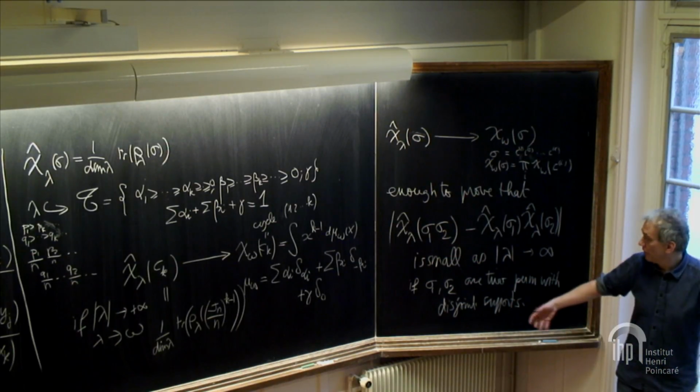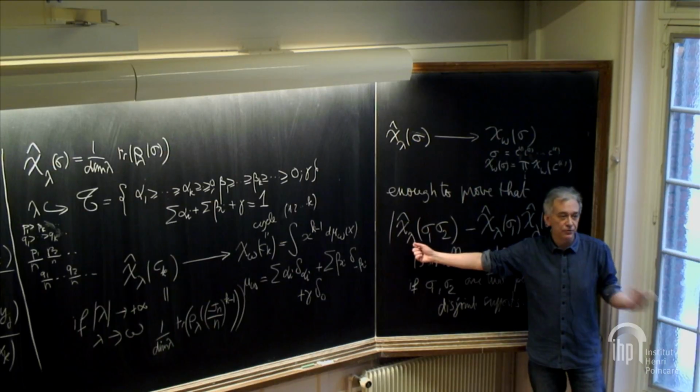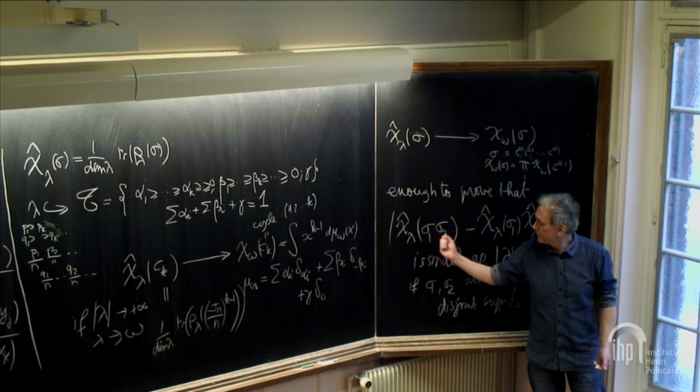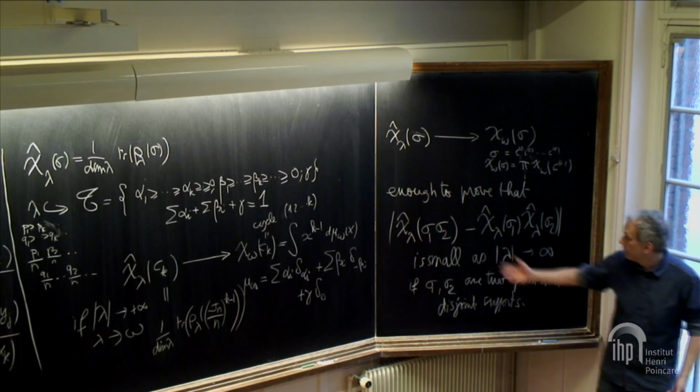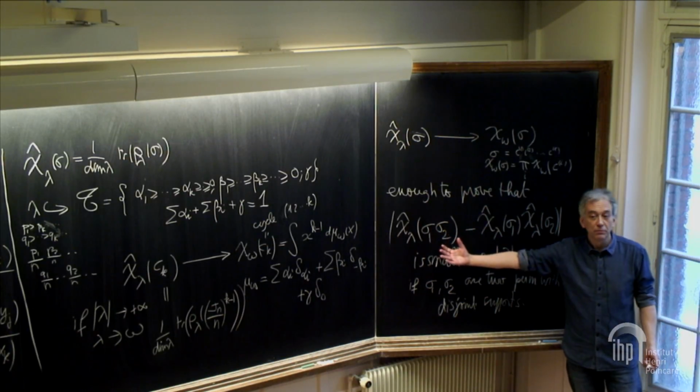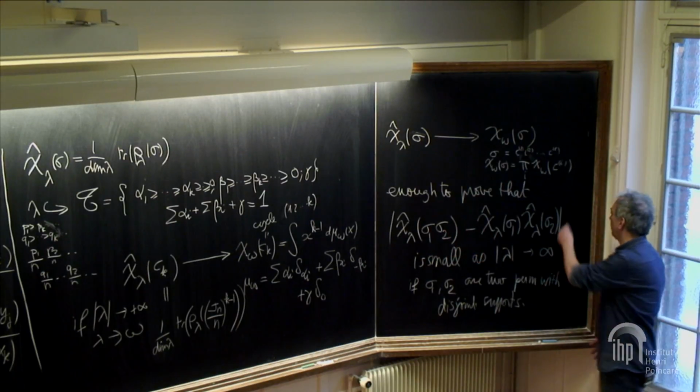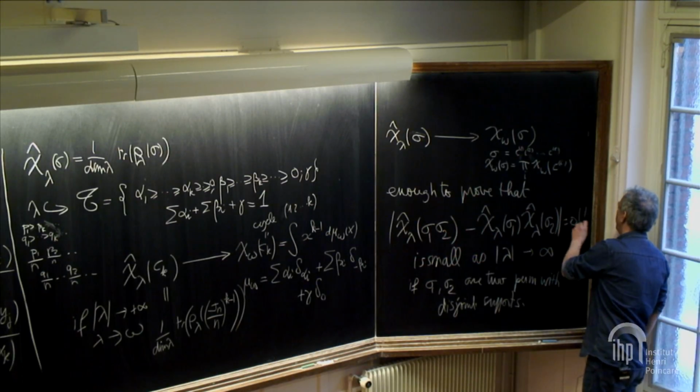Okay, then this expression has a meaning as soon as lambda is large enough, as lambda is a partition of some n large enough, because then n will be large enough to contain the support of both sigma 1 and sigma 2. And what I claim is that this quantity will be small. Actually, it will be of order 1 over n.